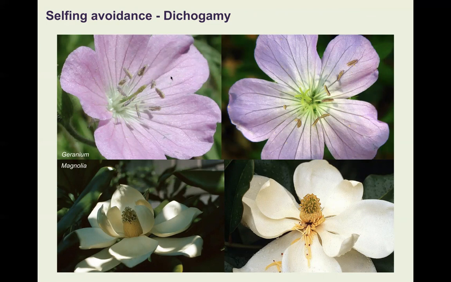So I have a couple examples. On the top is a species of geranium, going from earlier on the left to later on the right. So earlier, we have in the middle a style, and then up here is the region that will become the stigma, as you can see on the right, but it's not open yet. It's all closed up.